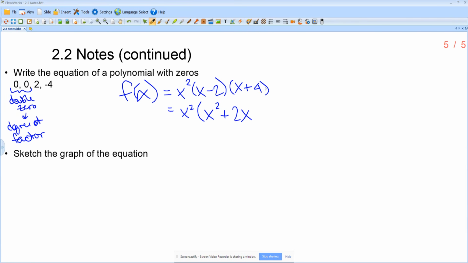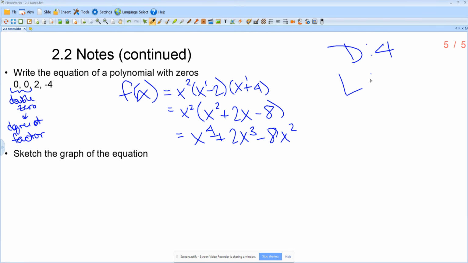And then negative 2 times 4 is negative 8. Distribute my x squared, so this is x to the fourth plus 2x cubed minus 8x squared. Our degree here is 4. You could see that here, or you could see it from the 2 plus 1 plus 1. Our lead coefficient is positive because we got to make it whatever we wanted, so we made it positive.